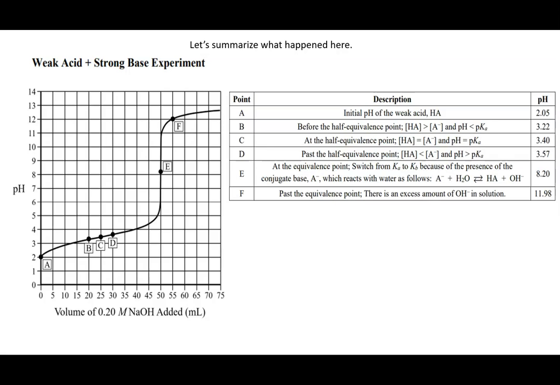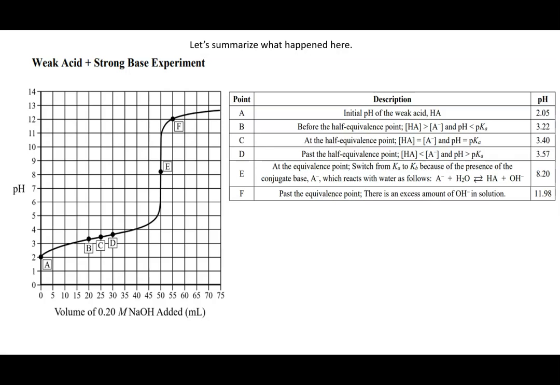Now, past the half equivalence point is point D, so the concentration of HA is starting to become less than A minus. pH is more than pKa, and at the equivalence point, that's where we switch from Ka to Kb.